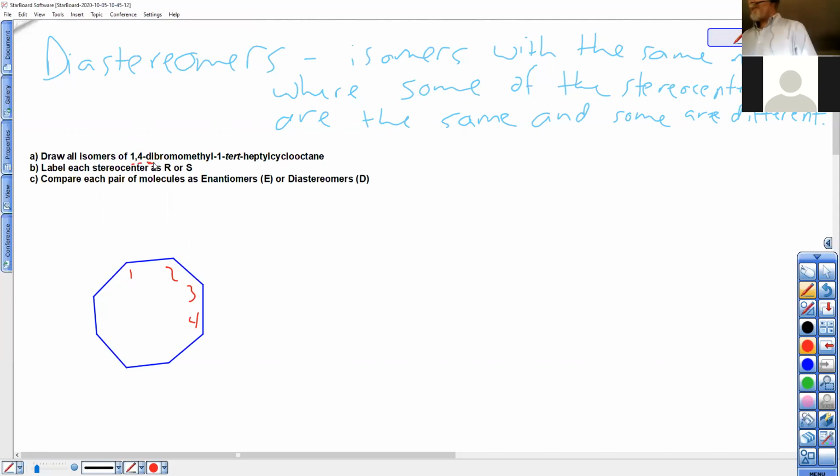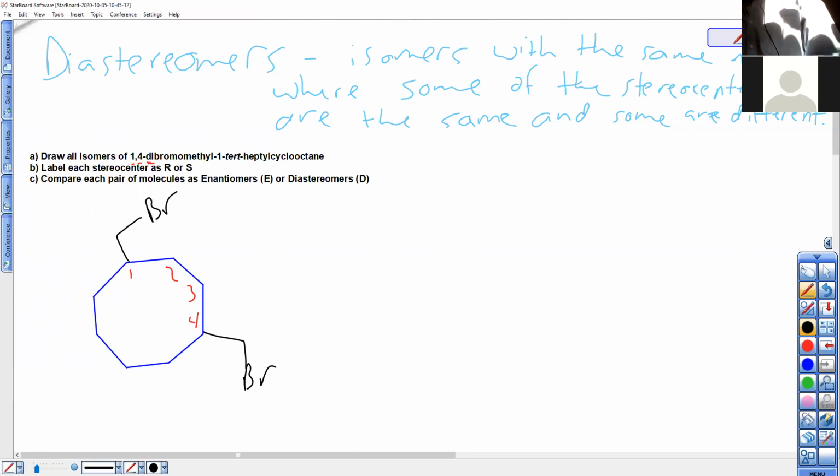Okay, a bromomethyl group looks like this. Methyl with a bromo. Methyl has a bromo. On 4, same story. On carbon 1, there's also a tert heptyl.